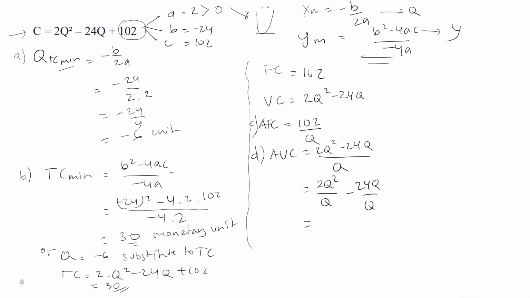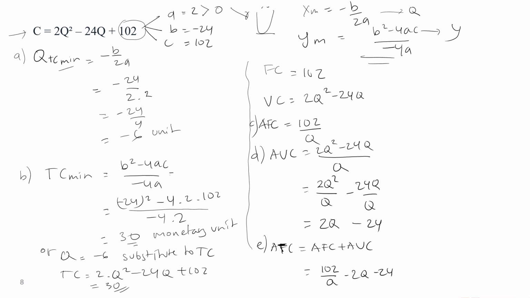Just go directly to 2q minus 24. And the average total cost is the average fixed cost plus average variable cost, and that is 102 over q plus 2q minus 24. Done.